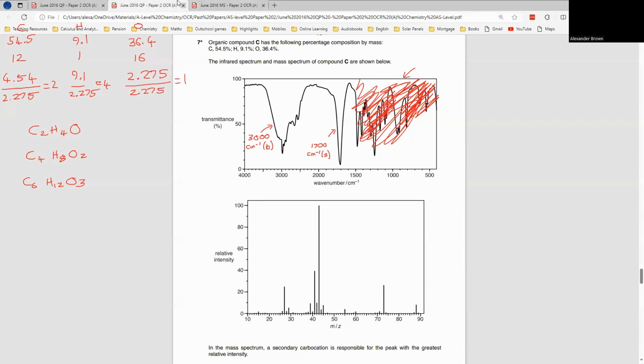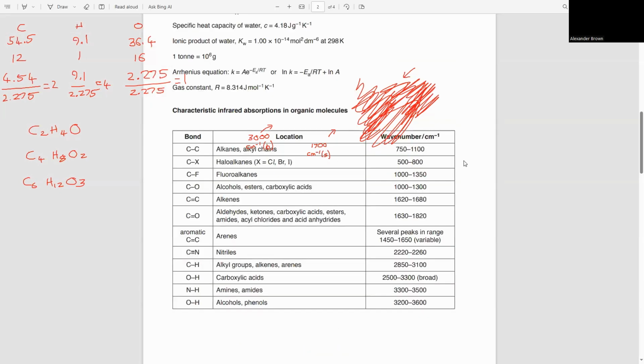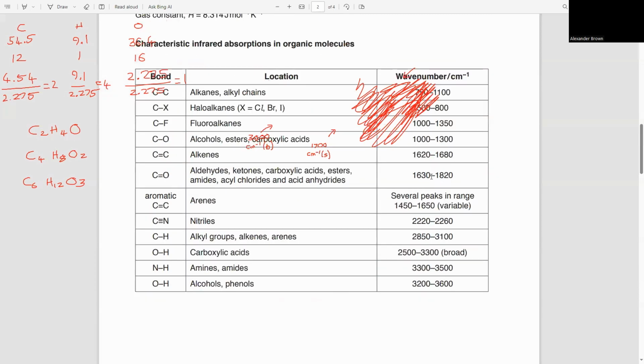If we first look for 3,000 centimeters to the -1, we are given several options. It could be a CH in an alkyl group, alkene or arene, or it could be an OH in a carboxylic acid.